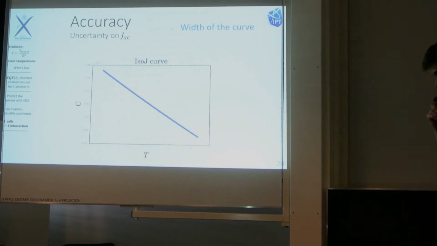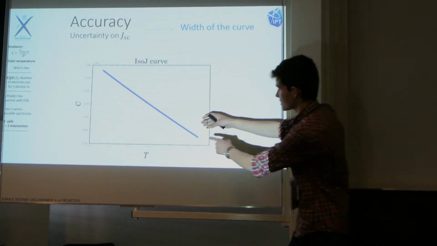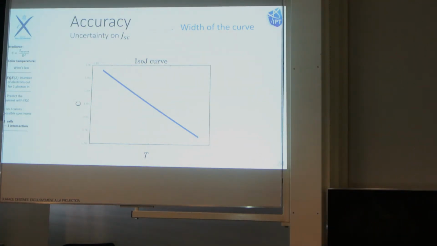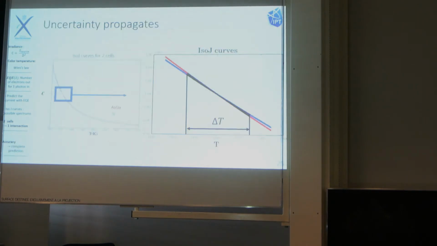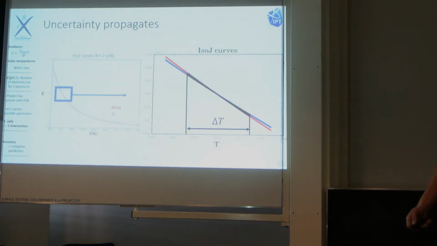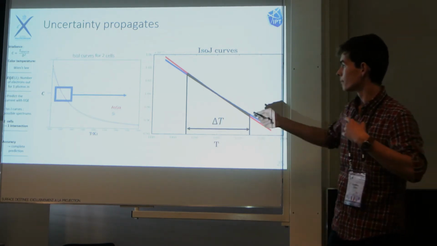Now we can represent this on the iso-G curve. The uncertainty over the current measure can be represented by giving some width to the curve, a width that corresponds to the uncertainty on the measure of current. Now the uncertainty will propagate. We have some uncertainty on the current measure, and it will propagate to the parameter determination.